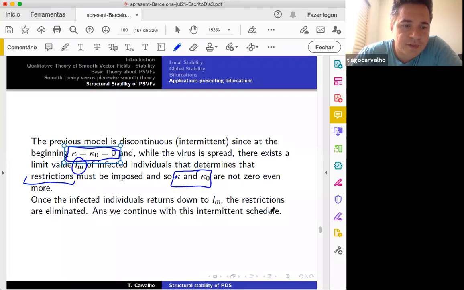When the number of infected individuals is smaller than this number, we will not apply restrictions. And when the infected individuals are greater than this number, we will apply restrictions.